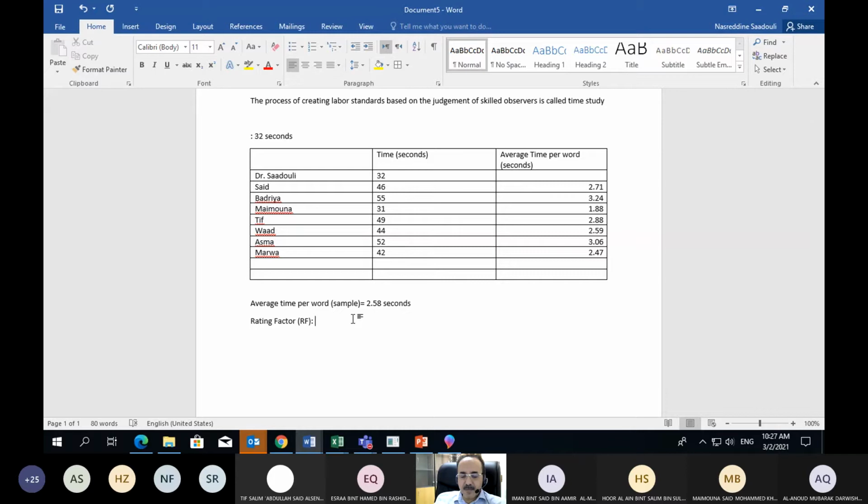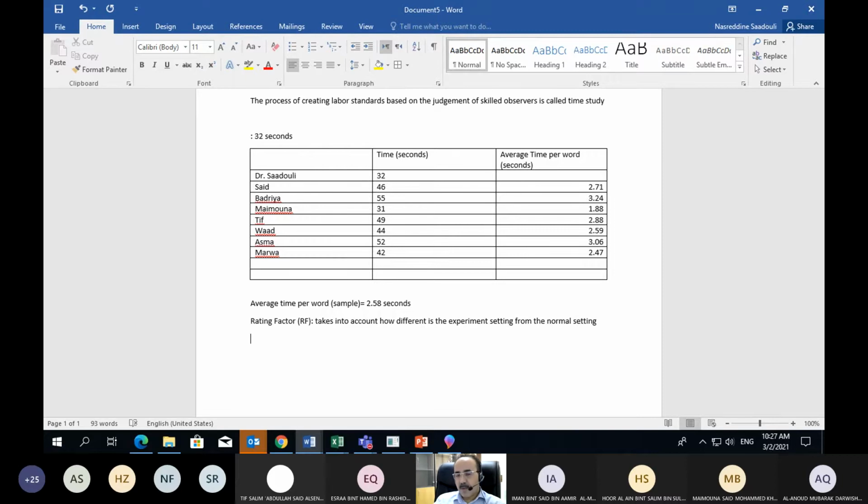The rating factor essentially takes into account how different the experiment setting is from the normal setting. What does this mean?